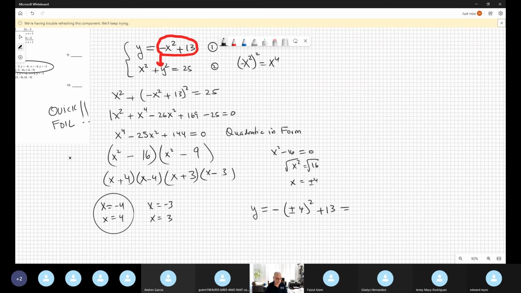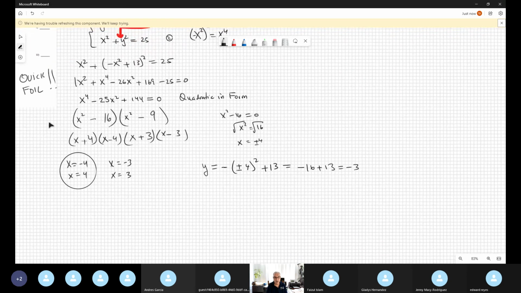So this is 16. Actually, minus 16 plus 13 is negative 3. At this moment, to not lose the path, I take 2 points, negative 4, negative 3, and positive 4, negative 3. Because both positive 4 and negative 4 get the same y value.